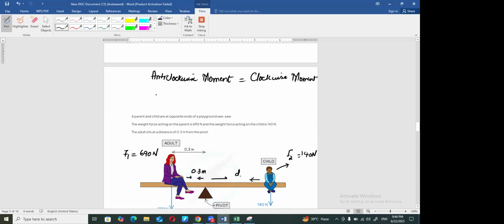So the anti-clockwise moment will be 690 multiplied by 0.3, and for the child it is 140 multiplied by D. So D will be equal to 690 multiplied by 0.3 divided by 140, and that will provide us the value.